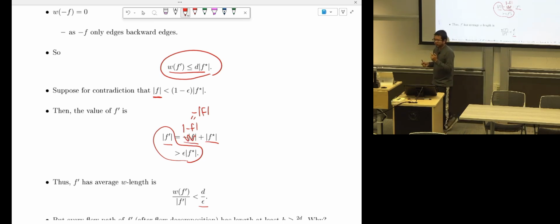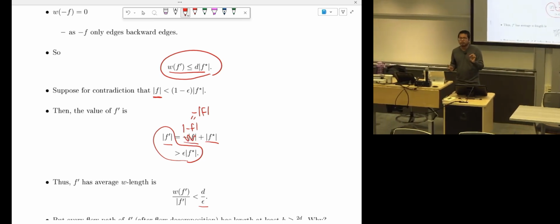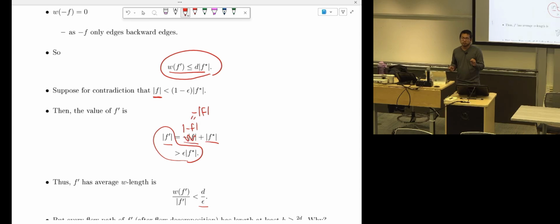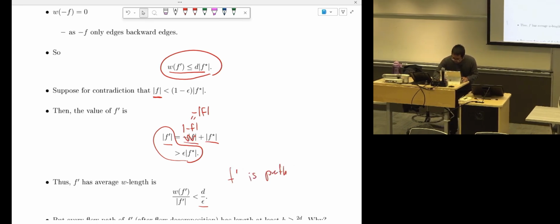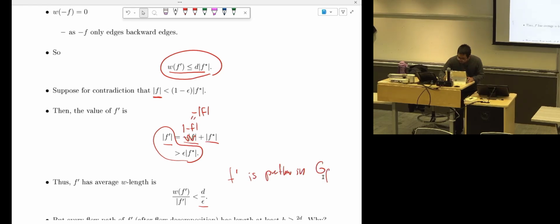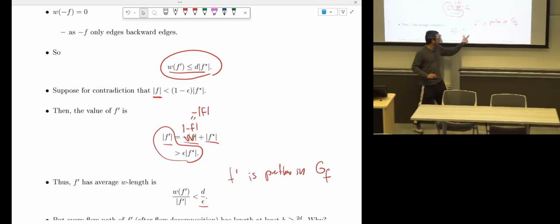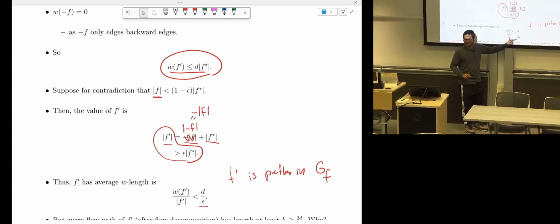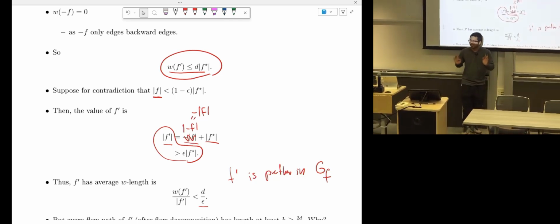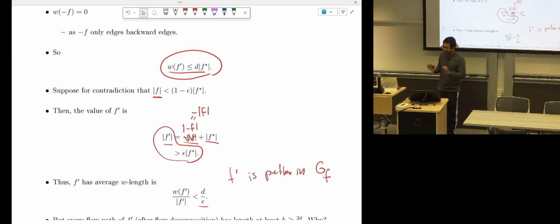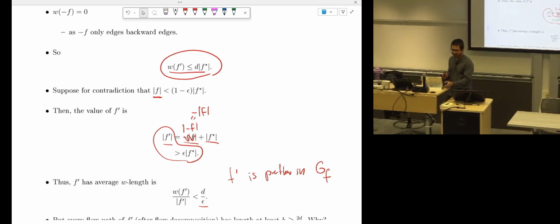But at the same time, what do we know about push-relabel? Push-relabel says that in the residual graph, first F prime is a preflow in GF, right? This is a preflow in GF, and it has small average length. But can you try to tell me why this seems like a contradiction?